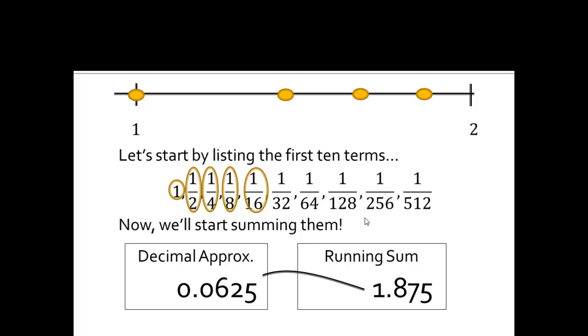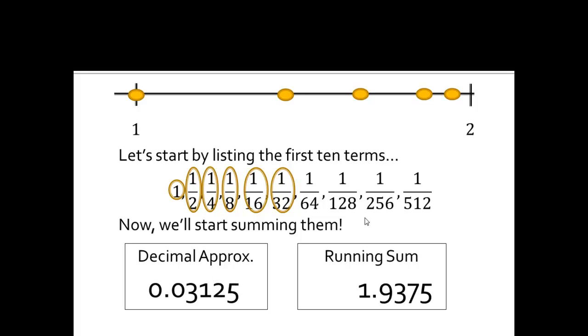That sums up to 1.9375, and that's about where that point would go. Now 1/32, 0.03125. Summing that up, 1.96875. There's that point.